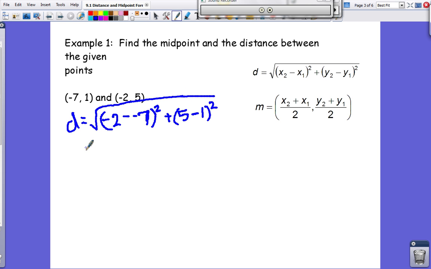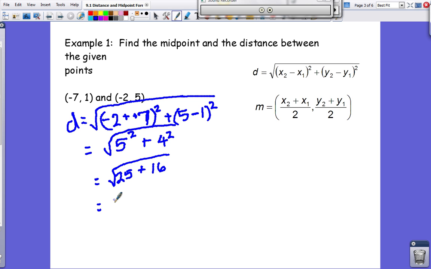Okay? So remember, anytime we have minus and negative, we've got to change that to plus a positive. So -2 and 7 gives me 5 squared, plus 5 minus 1 gives me 4 squared. Then we're going to take the square root of those. 5 squared gives me 25, plus 4 squared gives me 16.